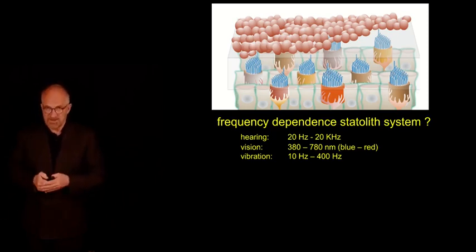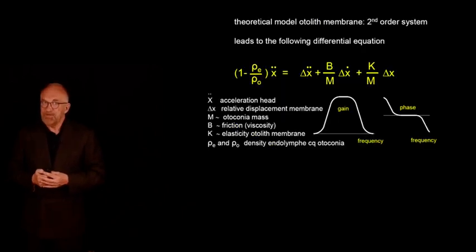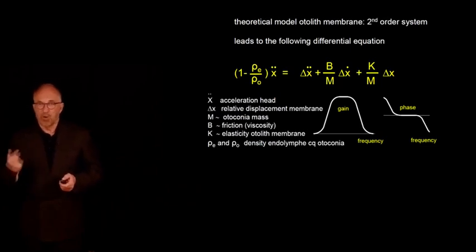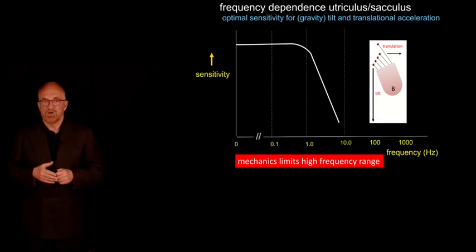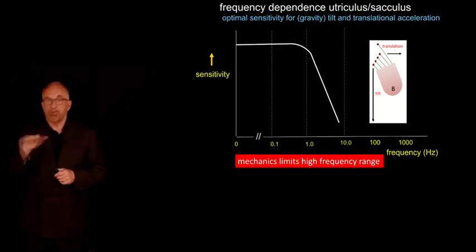What about the vestibular system, about this otolith system? Well, already in the 50s, Melvill Jones and Young calculated, based on the physics, what this sensitivity is. And that has been confirmed by all kinds of experiments. How does it look, more or less? This is precisely what you see. So there is low frequency at 0 Hz, where there is a perfect sensitivity.